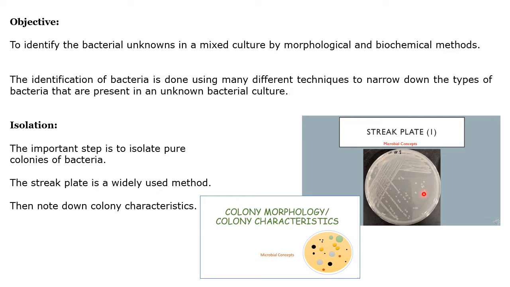A video is already uploaded on the streak plate method, and also a video on colony morphology and colony characteristics, how to write the report of colony characteristics. Do watch both these videos if you are not clear with them.